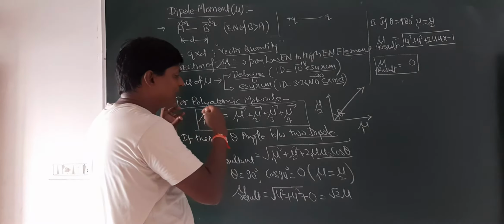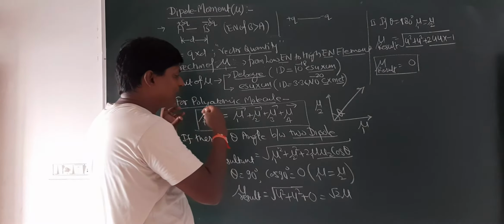So if there is tetrahedral geometry and all the X are identical, in this case the dipole moment will be 0.